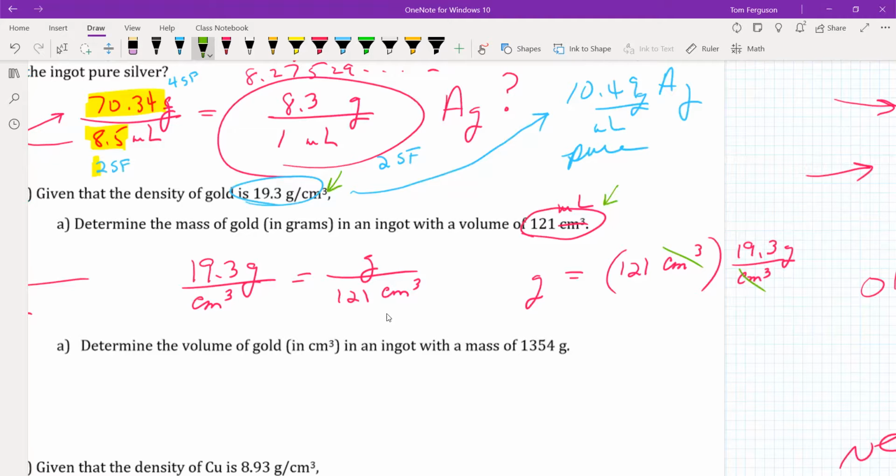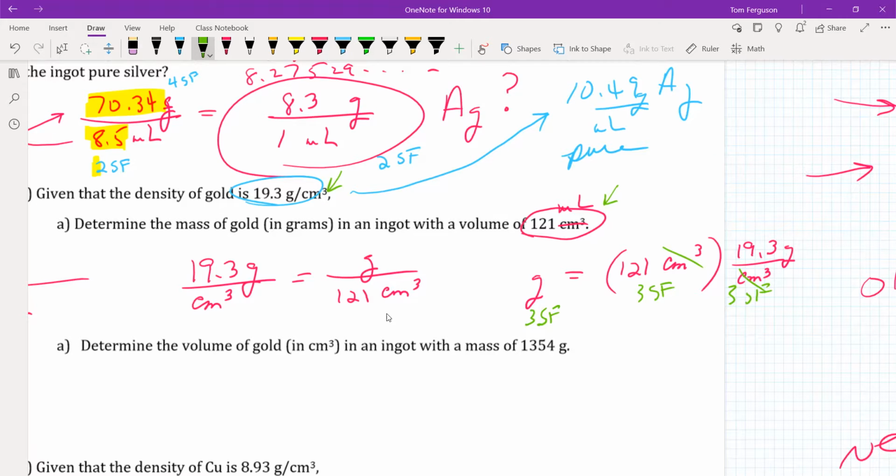So our answer is going to be, how many sig figs is our answer going to be? 3. Exactly. 3 sig figs. The answer is going to be 3 sig figs. I abbreviate sig figs as SF.